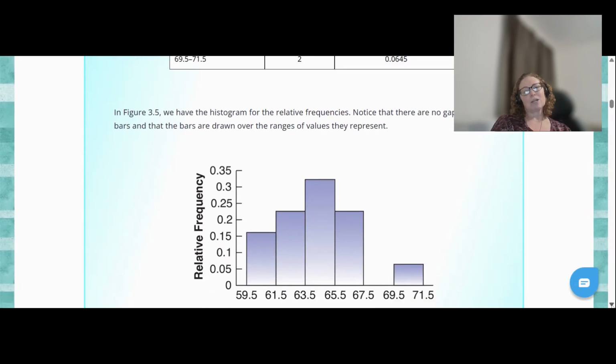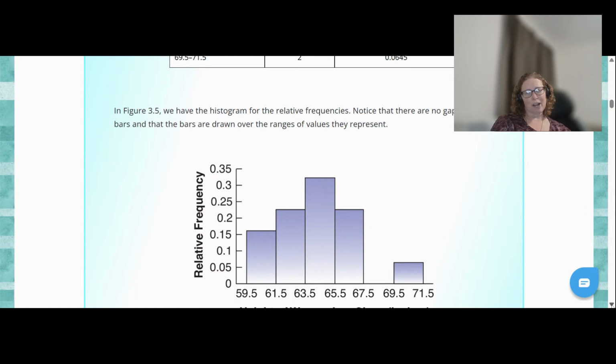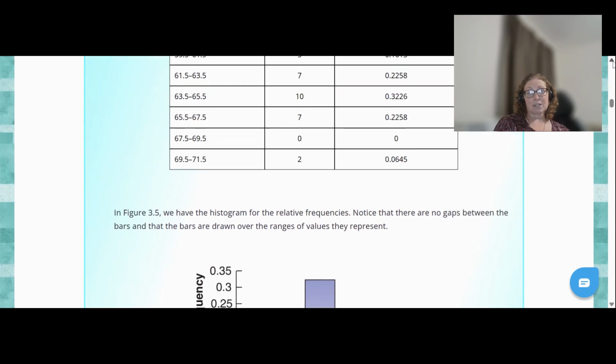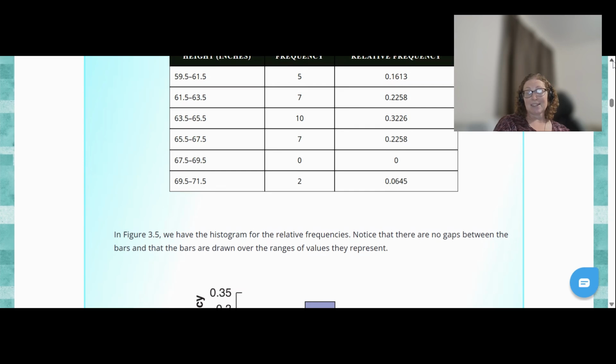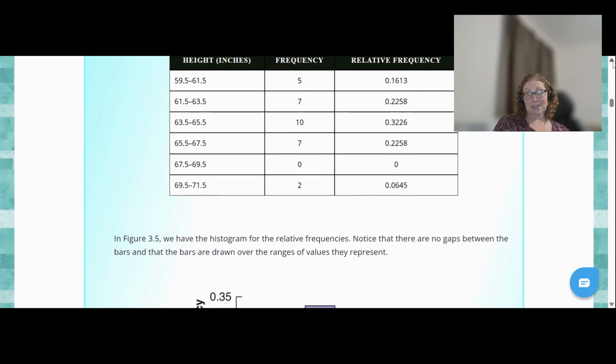So when we use a histogram, instead of the bars being separated, they are done together. And the other thing you see on this is that, unlike what we talked about for the bar graph, where we said the numbers couldn't be the same, in this one it goes to 61.5 and then it starts again at 61.5.